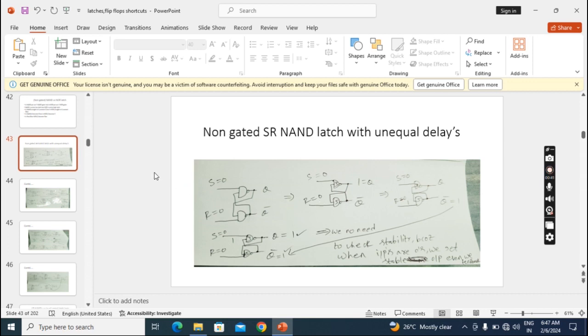And finally, you may think that even with unequal delays, the operation or output is the same as without delays only. But sometimes you may get different behavior. Suppose you apply 0 0 first, and you get an invalid output.